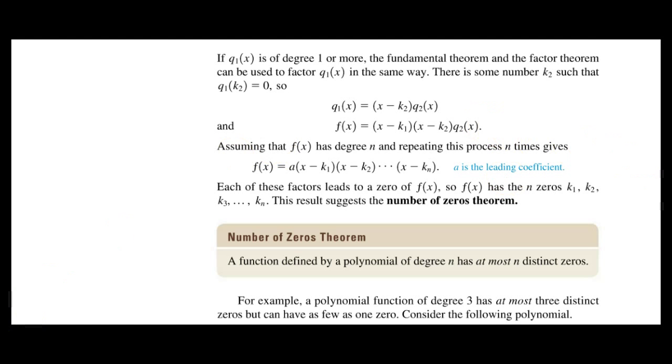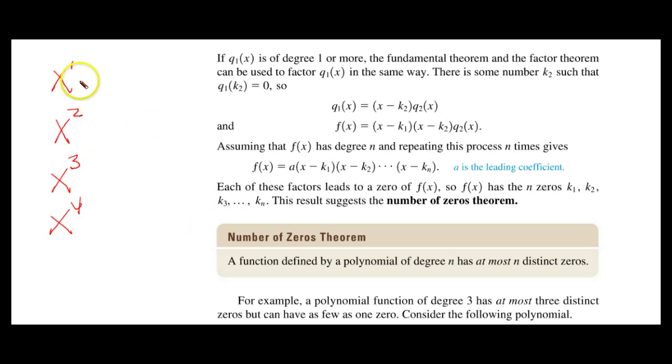Well, in earlier courses, I would define this as, let's say if you have x to the first, you're going to have one answer, or in a sense, 1 zero. X to the second, 2 answers. X to the third, 3 answers. X to the fourth, 4 answers.